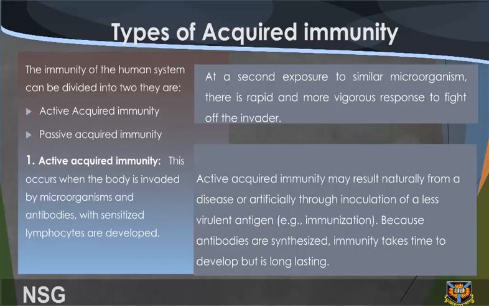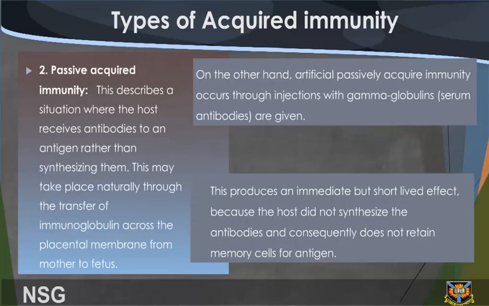At a second exposure to similar microorganisms, there is rapid and more vigorous response to fight off the invader. Active acquired immunity may result naturally from a disease or artificially through inoculation of a less virulent antigen, e.g., immunization. Because antibodies are synthesized, immunity takes time to develop but is long-lasting.